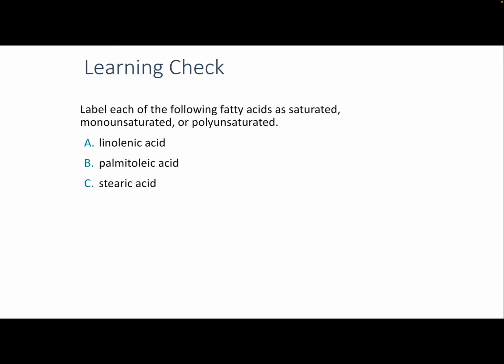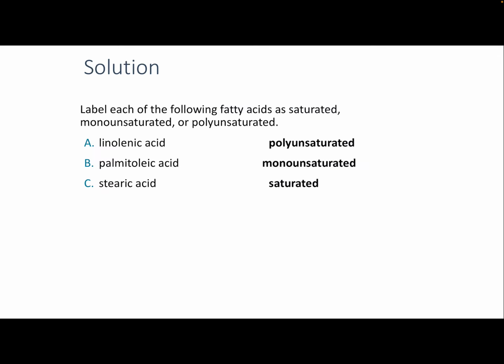All right. Learn and check. Label each of the following acids as either saturated, monounsaturated, or polyunsaturated. Pause it, give it a shot. All right, so you would obviously have to look these up.